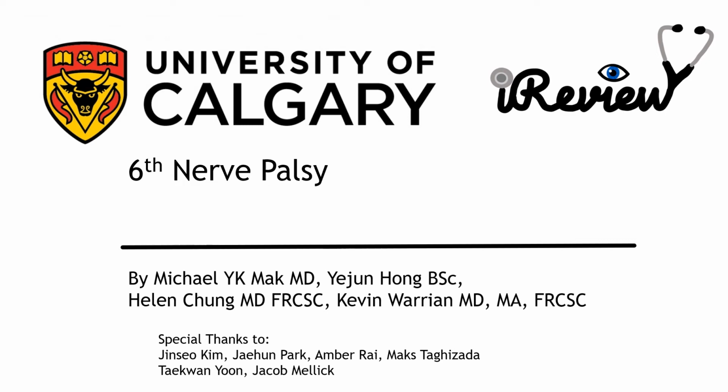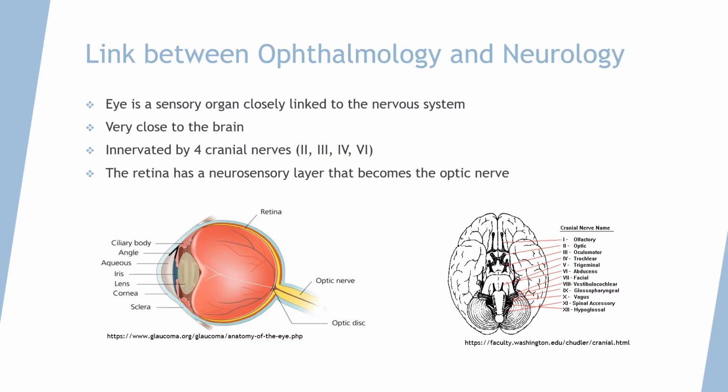I'm a medical student in the University of Calgary, and we will discuss today sixth nerve palsy. Ophthalmology and neurology are very closely linked specialties, and one of the diseases that prove this link is the sixth nerve palsy.